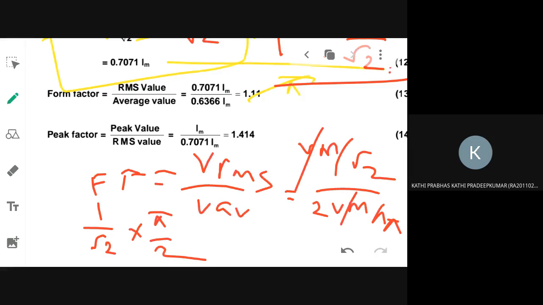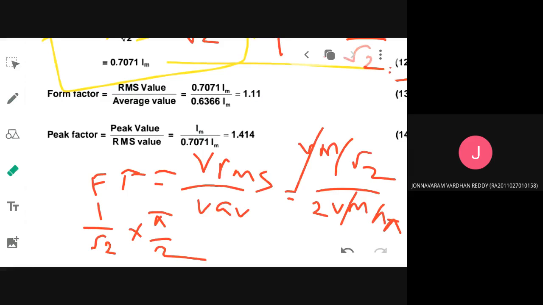So what's the answer that you are getting? Use your calculator. Pi is 3.14, square root of 2 is 1.414. What is the final answer?